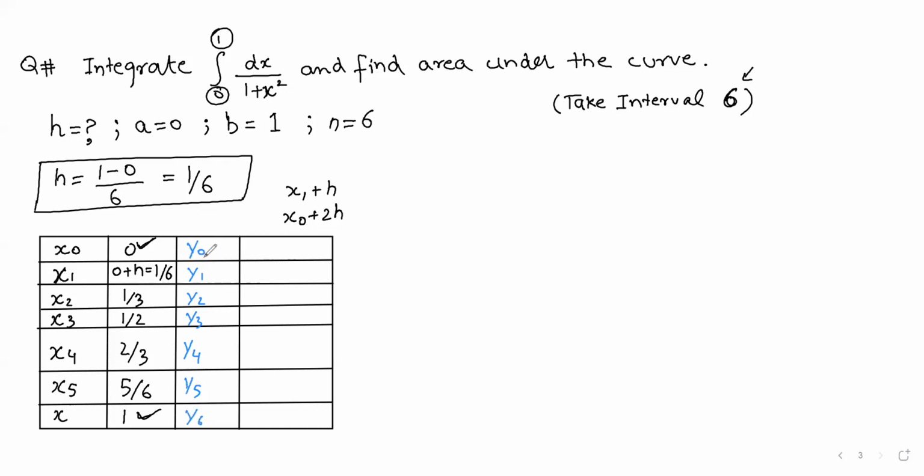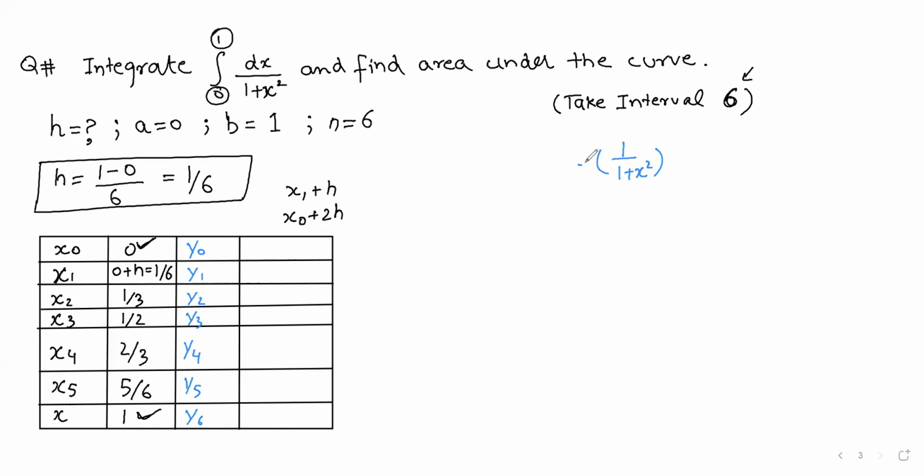Right? So what is y naught? Can anyone tell me what is y naught? y is the value of 1 over 1 plus x squared corresponding to x.